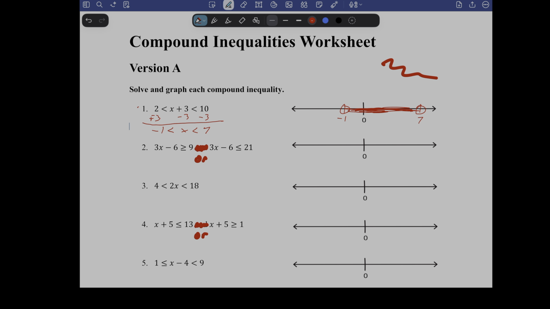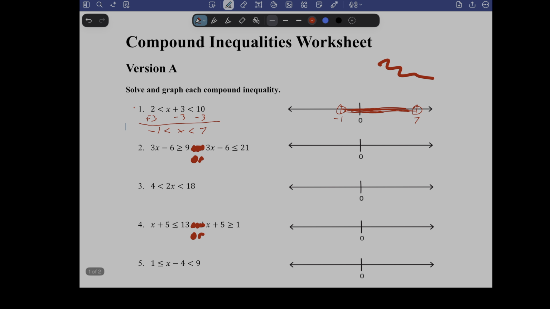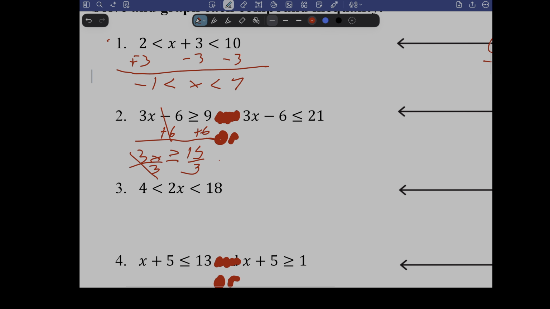I'm going to use the not so thick one when I solve the problem. Here you're given two inequalities that you want to put on a line. Not a huge deal. All you're going to do is solve them separately. So we're going to solve two different inequalities here. 3x is greater than or equal to 15. When you divide each side by 3, this is going to be x is greater than or equal to 5, and I'll circle it.